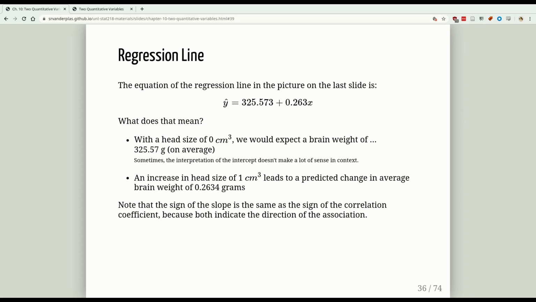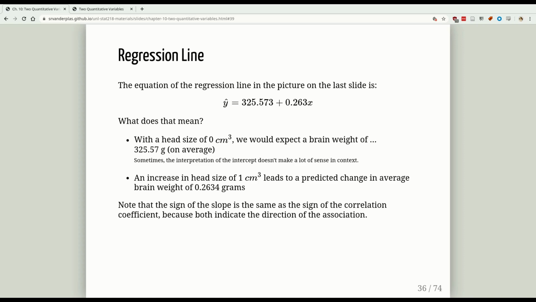In the graph on the last slide, the equation of the regression line was y hat equals 325.573 plus 0.263 times x. So those parameters, that a and b value that we've estimated, and we'll talk about how to get those values in a minute, those numbers have meaning, right?